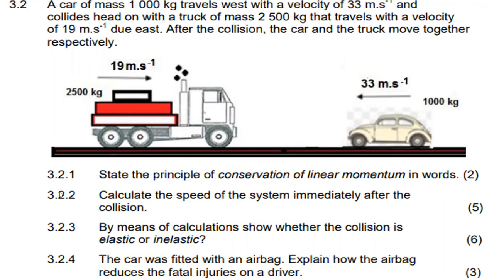Why? Because when we talk about speed, then we know that speed is a scalar quantity. It is not a vector quantity. So we'll apply the principle of conservation of linear momentum, right? Let us get to it.